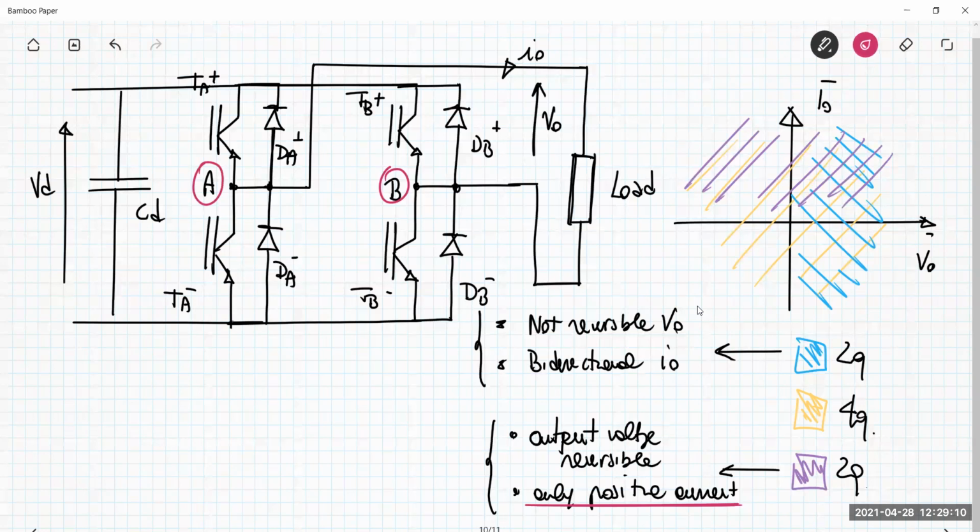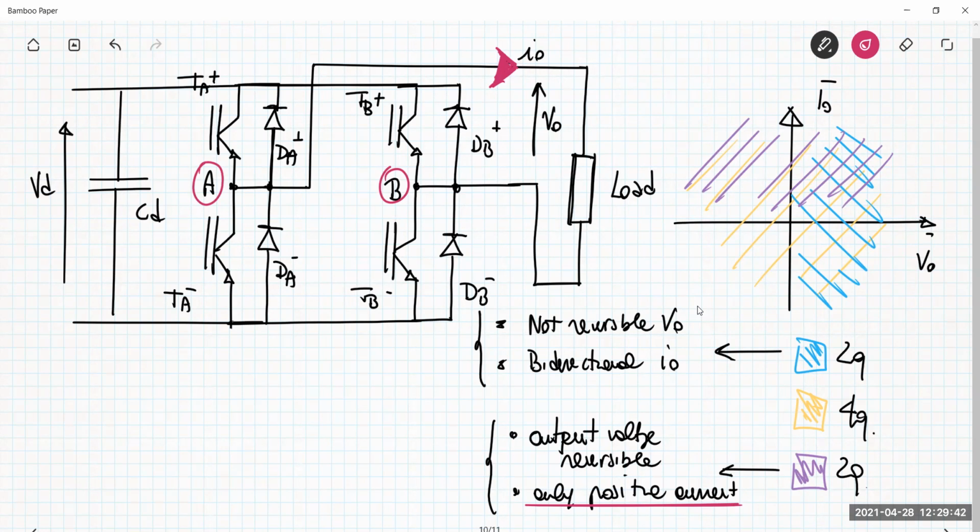Okay, so let's see what happens. I need a current which is positive. The current is always directed, let's say, towards the right in this drawing, from the node A towards the node B. So I have 4 transistors and 4 diodes. Not all these devices support a current flowing in that specific direction, and then I must skip them. I can eliminate them from the circuit.